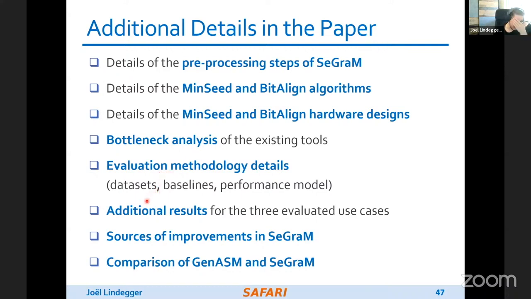For example, we analyze how we need to size hop queue registers to get good accuracy and performance trade-offs. We explain why SeGraM has improved efficiency over sequence to sequence and sequence to graph baselines. And then we do a good breakdown of the GNASM versus SeGraM comparison that I hopefully also conveyed to you in this presentation.